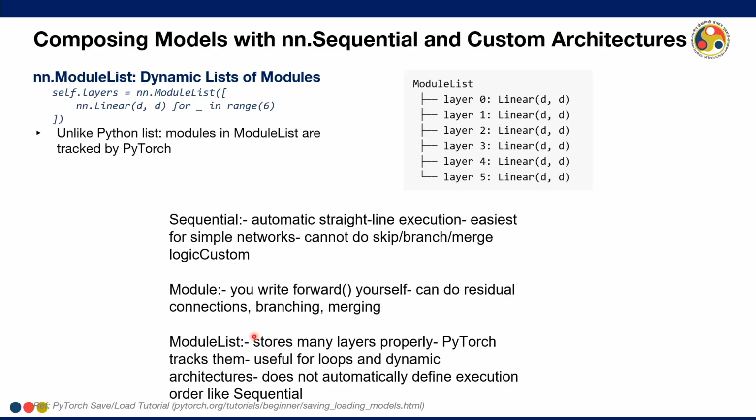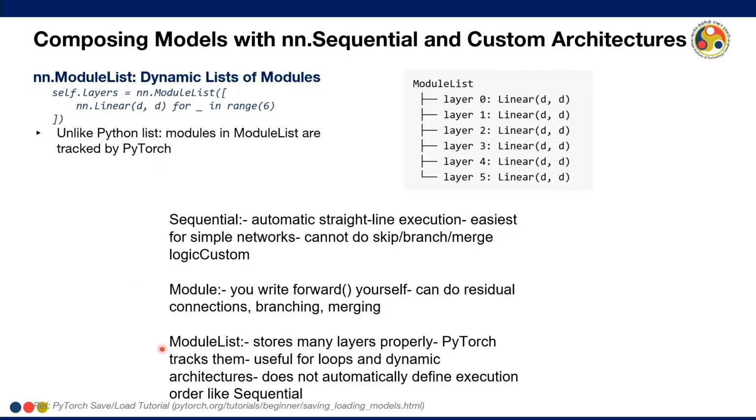So ModuleList stores many layers and PyTorch will track them, and it is useful for loops and dynamic architectures, because if I change the range to 5, the number of layers will change, right? So there are different ways to define this dynamic nature of the layers. This is one way to do that.